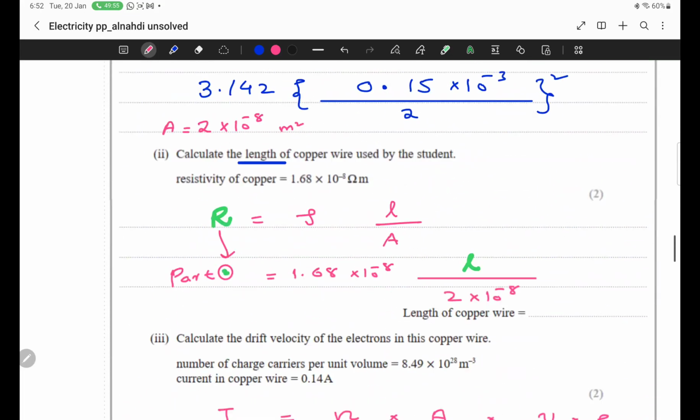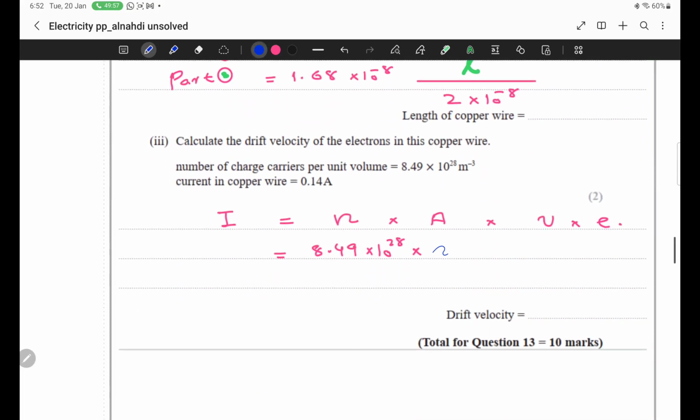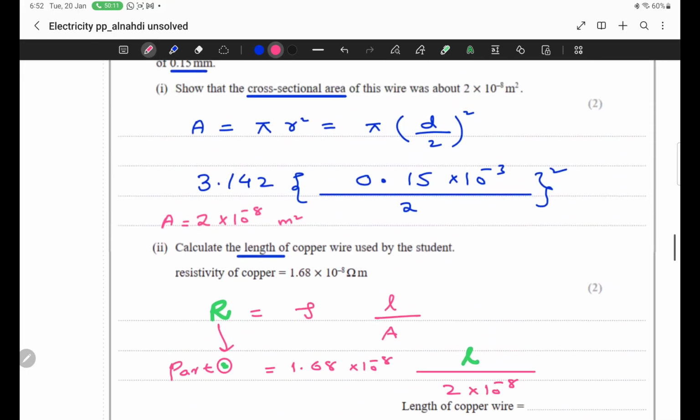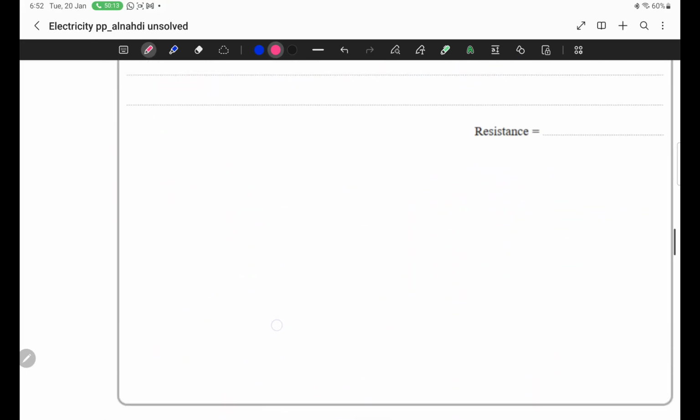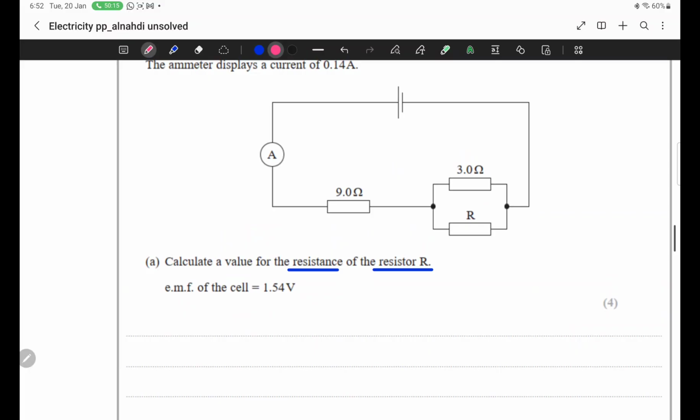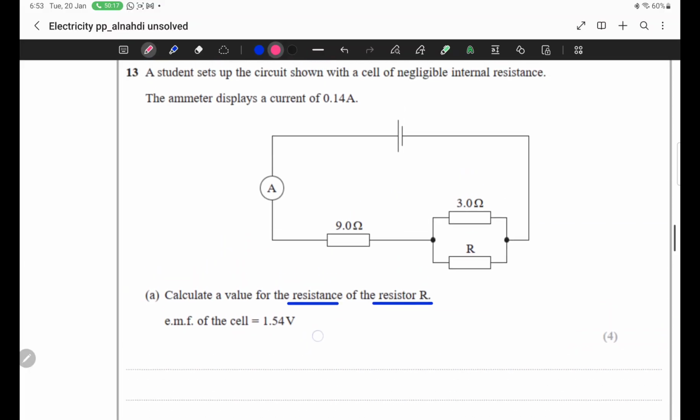Area we have solved, 2 exponent minus 8. e is the charge of electron. The current of R is not given.